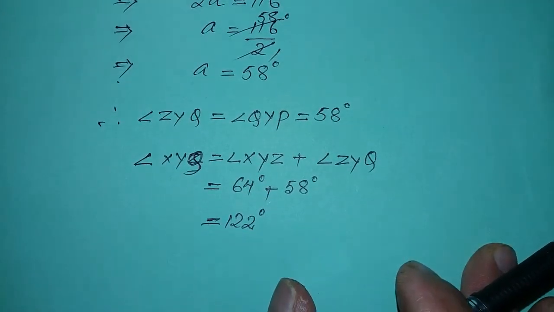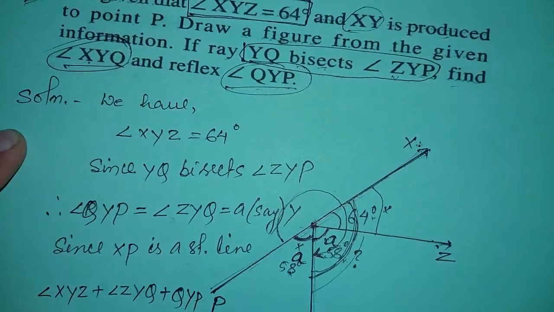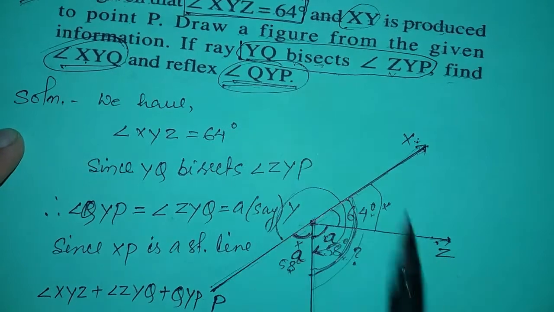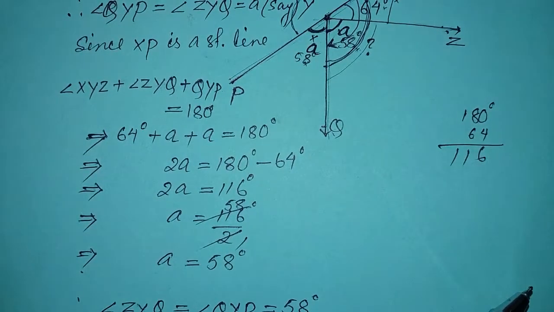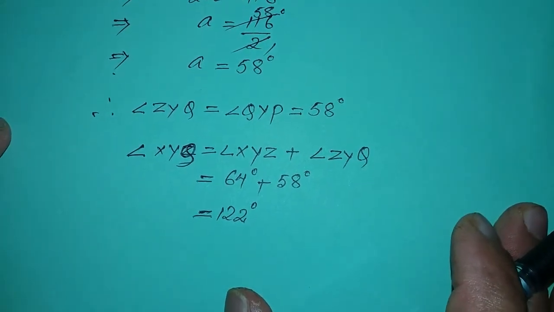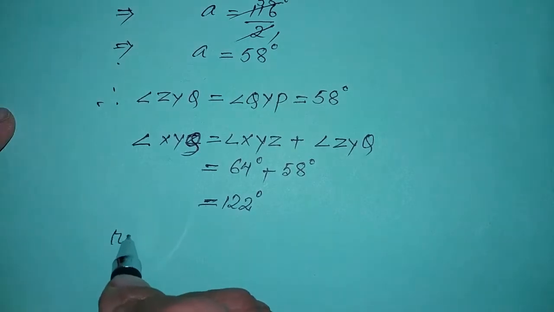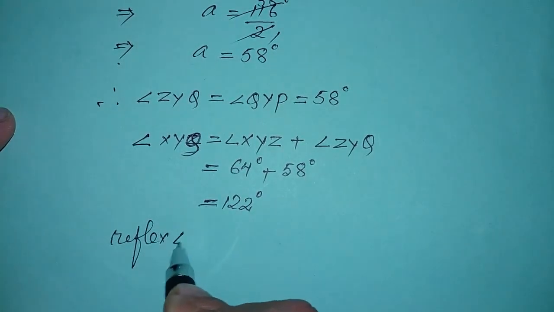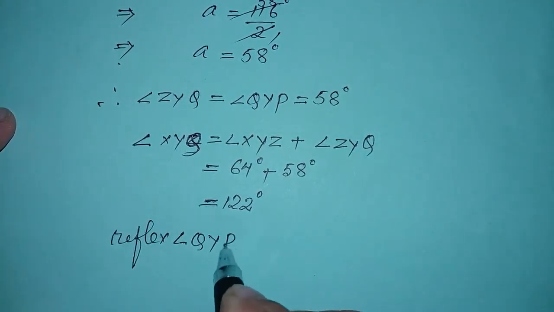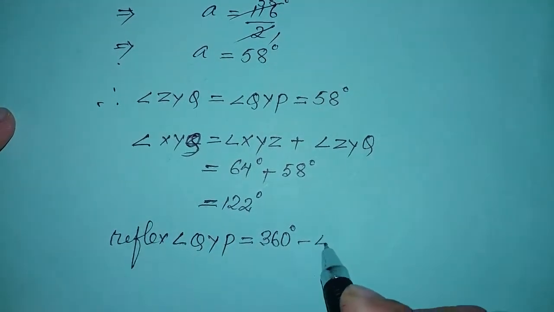Now to find the reflex angle QYP, since we already have QYP, we can easily find out the reflex angle. Reflex angle QYP is equal to 360 degree minus angle QYP.